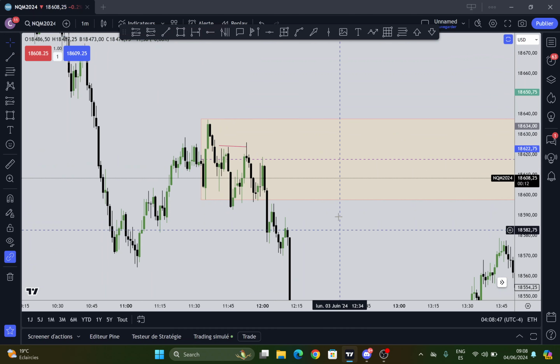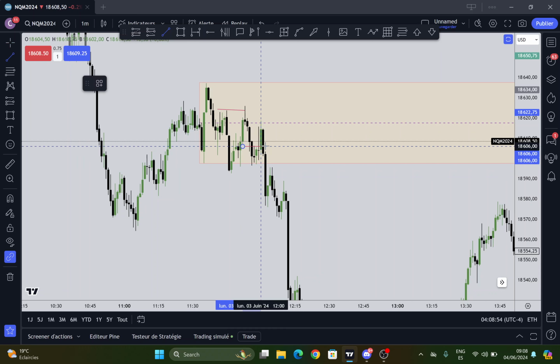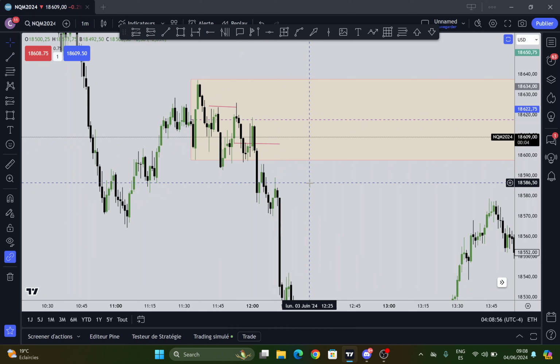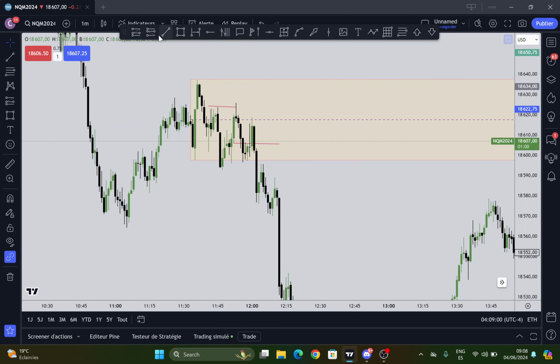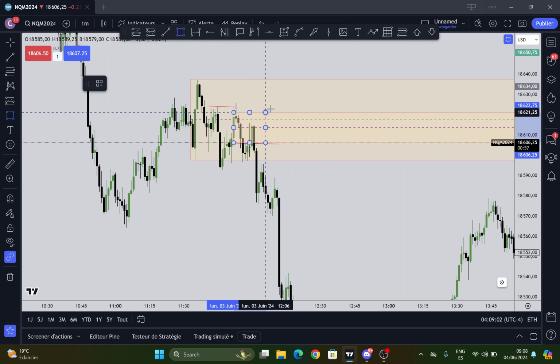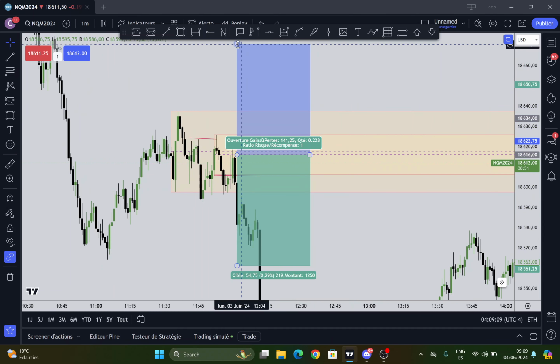So what do you do? You wait for the CSS flip, right, as always, okay, and you wait for the 50%, right? You enter at the 50% short, right?